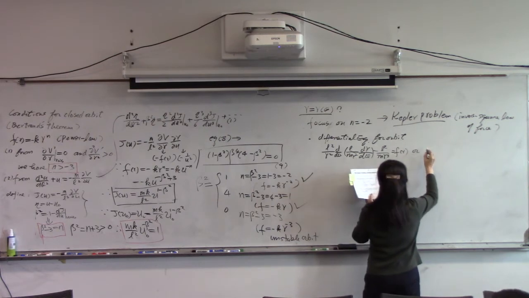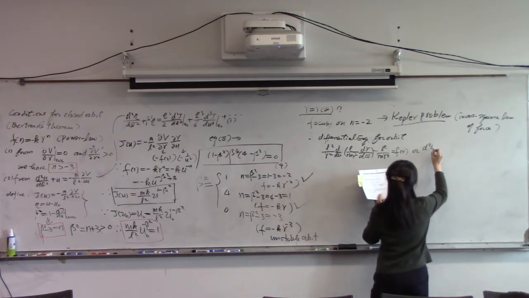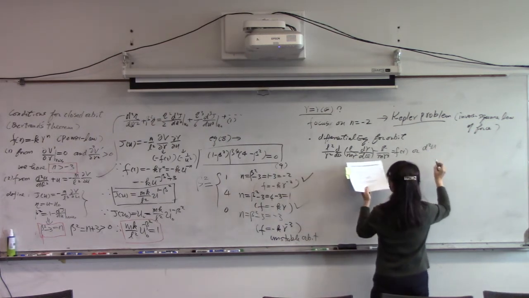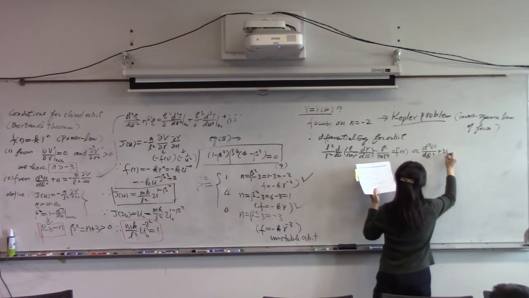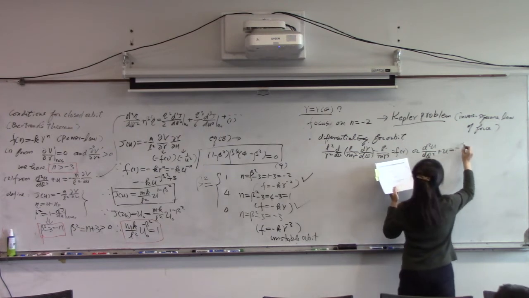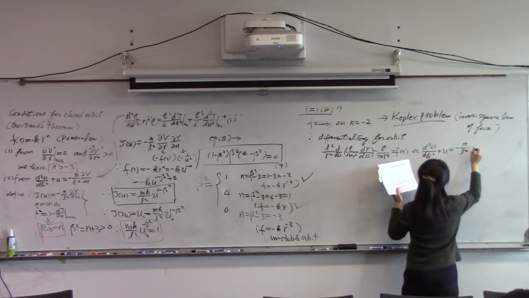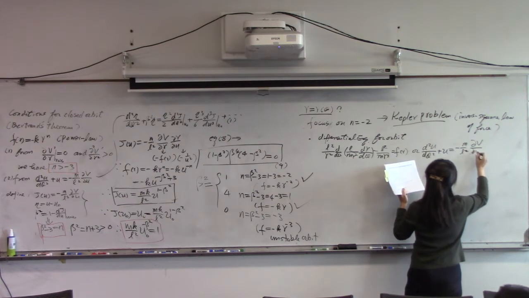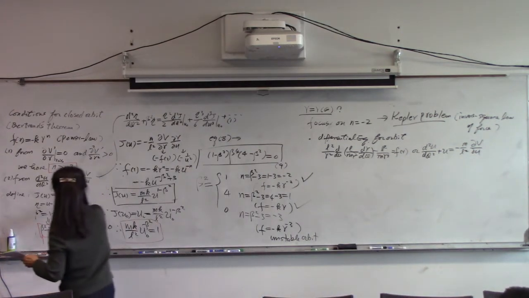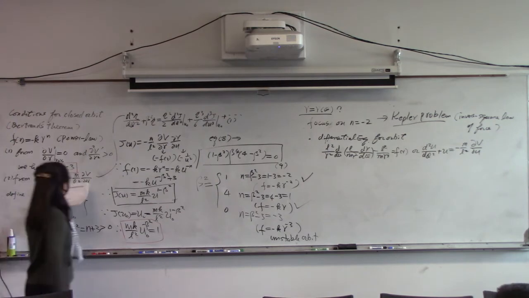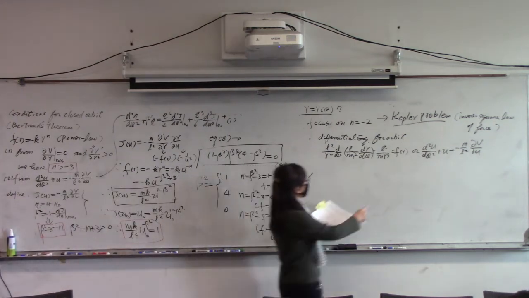Or we use u: d squared u over dθ squared plus u equals negative m over L squared times f. Right, this is the differential equation for the orbital.